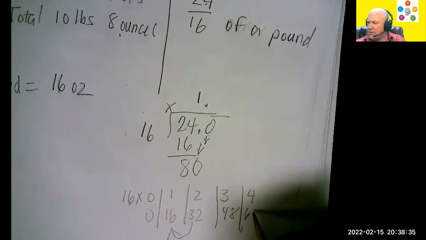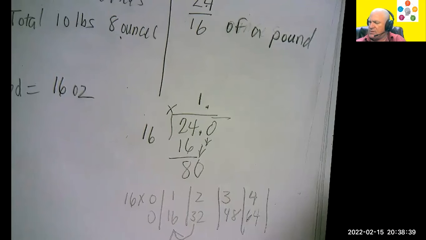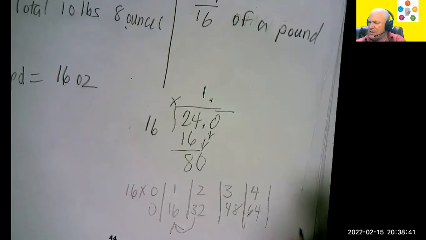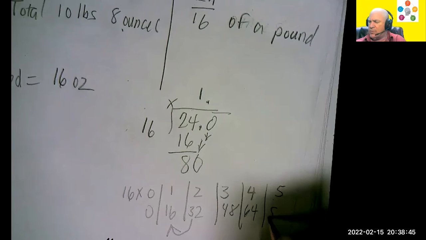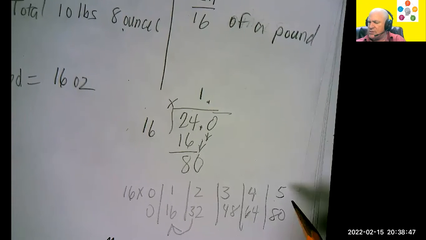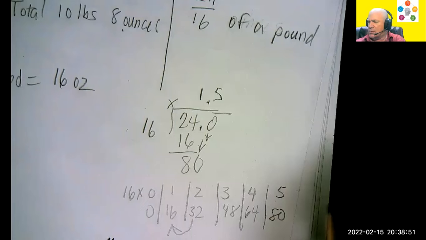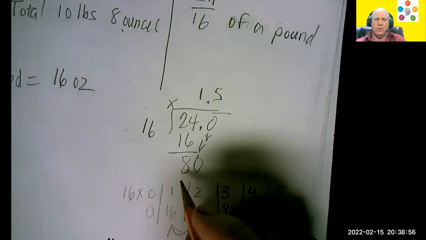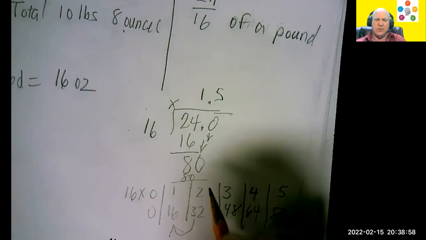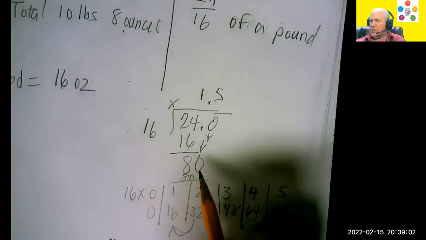I'm doing this all in my head, so correct me if I'm wrong. 16 times 5 is 80. So whatever number's on the top when you're multiplying goes on the top. Whatever number's on the bottom, your product goes on the bottom. So the rule is your answer is 80. You subtract 80. That means you have a remainder of 0.